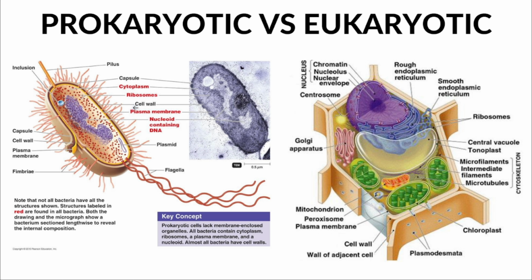They do not contain Golgi apparatus, mitochondria, SER, smooth endoplasmic reticulum, vacuole, or chloroplast. All of them they do not have. They mainly contain ribosome only and also the nucleoid.